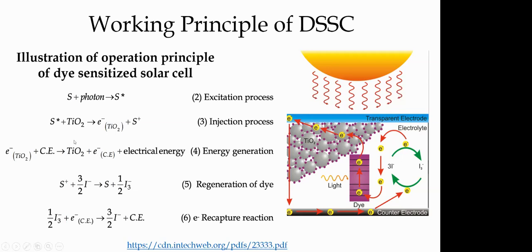Then the electron coming out to the counter electrode regenerates, and we get the electrical energy. Then the electrolyte regenerates the dye molecules to neutralize them, using the excess electron that is coming to the counter electrode. So this is a whole complete process of chemical reactions going on simultaneously while light is falling and you are getting electricity out of it, right?